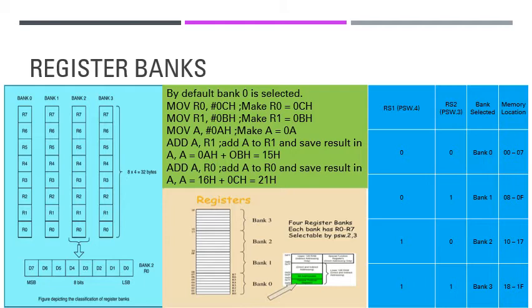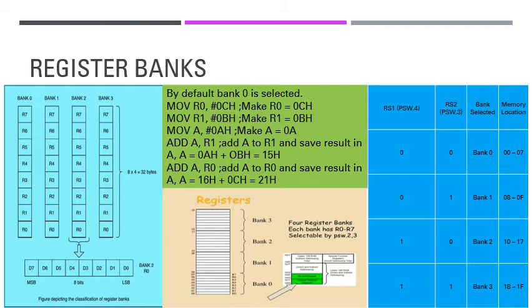The 8051 has 4 register banks, with each bank having 8 registers, which are used in many of its instructions. These registers are numbered from 0 through 7, that is R0, R1, R2, R3, R4, R5, R6 and R7.